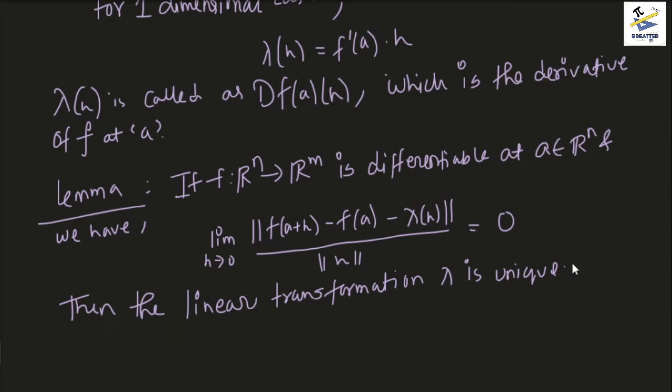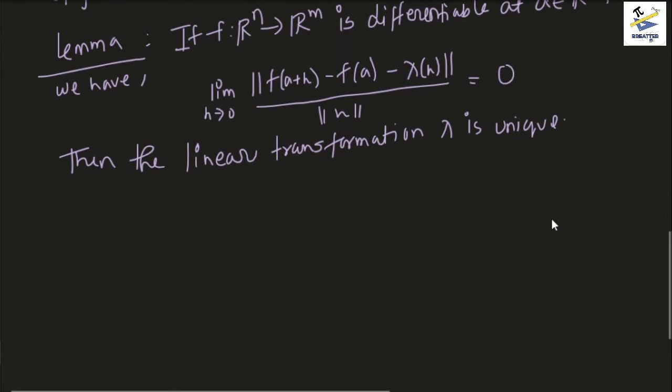That is, you take two arbitrary linear transformations, let's say lambda and mu, both derivatives of the function f at the point a, and then show that lambda equals mu. This would mean that no matter how many arbitrary derivatives you consider, all of them would be equal, and there is only one derivative that exists and is unique. So let us proceed to the proof.